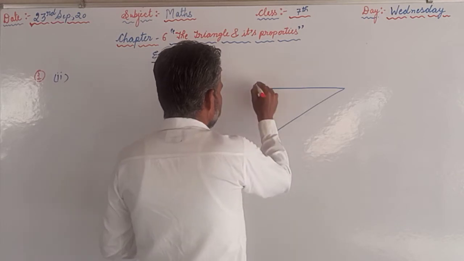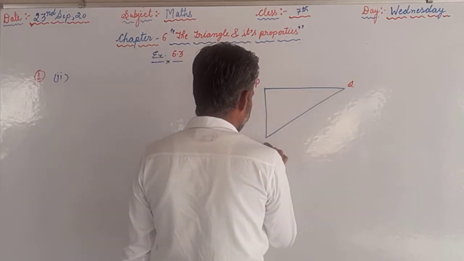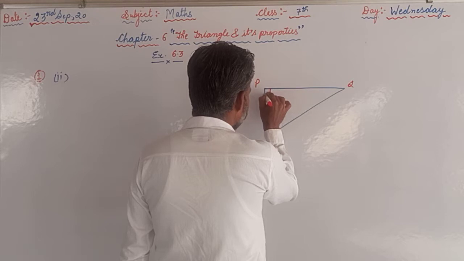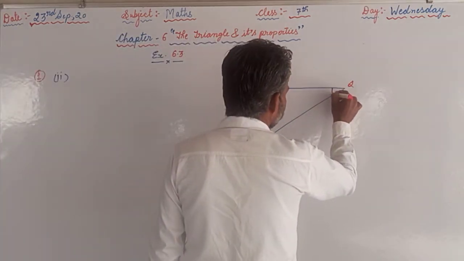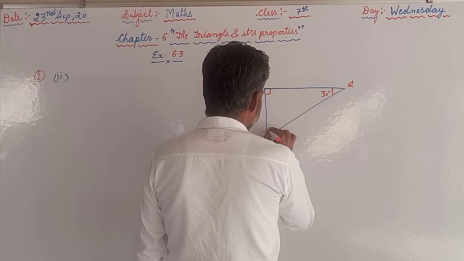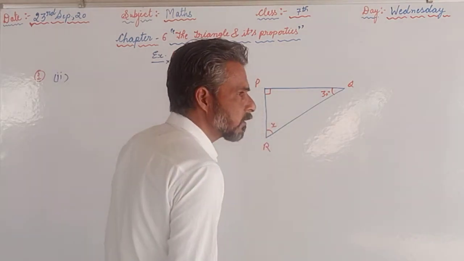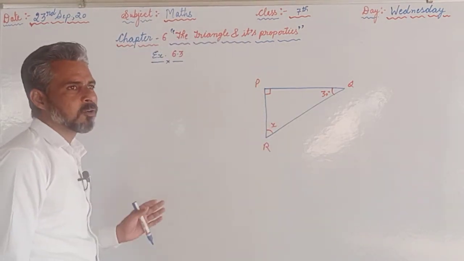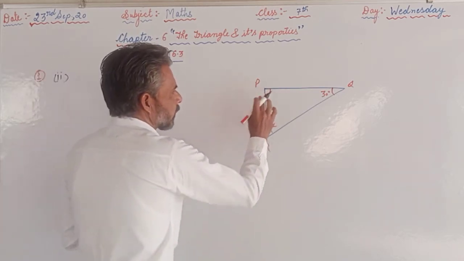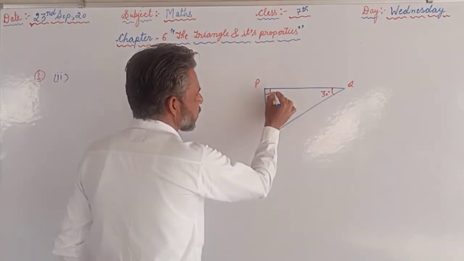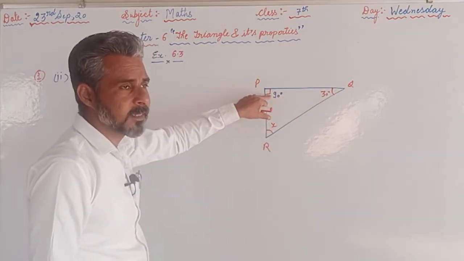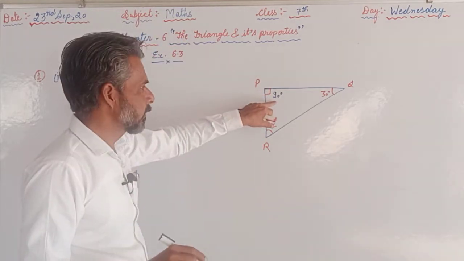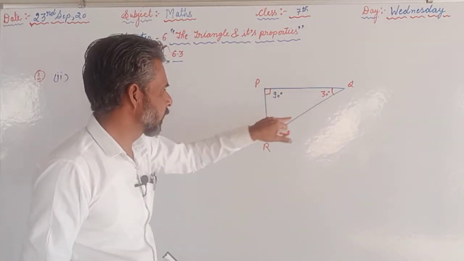That is PQR, and at P the sign is like that, and one angle is given, that is 30 degree. Angle Q is 30 degree and angle R is marked as x. So we are supposed to find the unknown angle, that is x. If such a square type sign is there, then it is a 90 degree angle, and this is 30 degree, we have to find x.